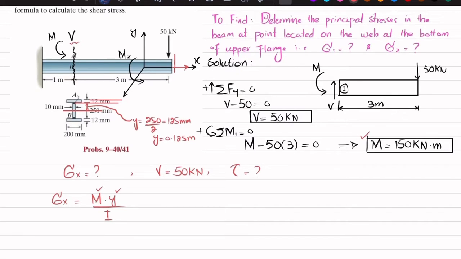I can be obtained by I, the second moment of inertia, and for this I beam, if we take this whole box as 200 by, this total length is 250 plus 12, which is equal to 274. So this is 274 millimeter, while width is 200 millimeter.